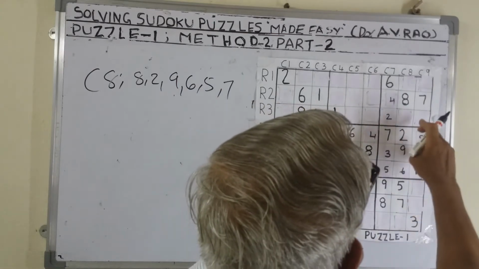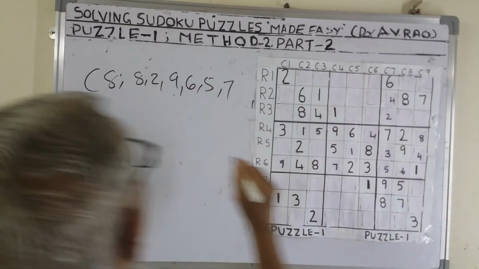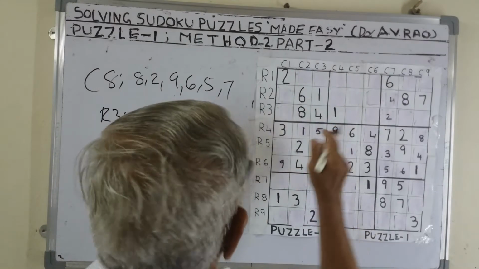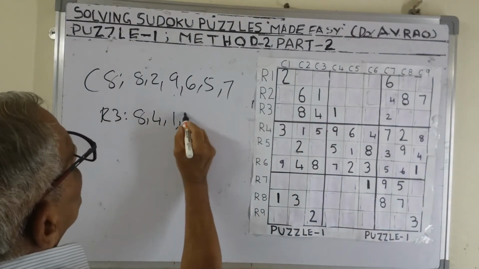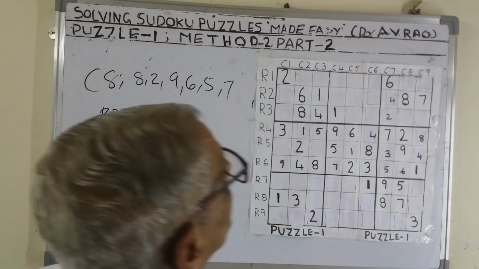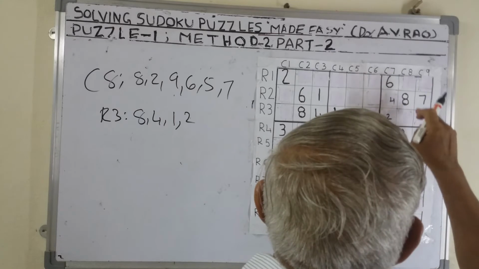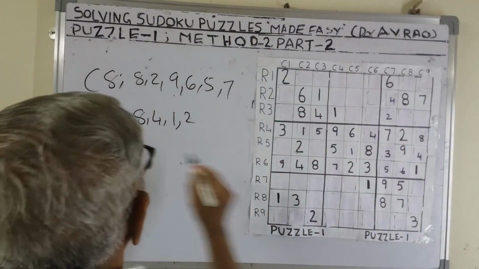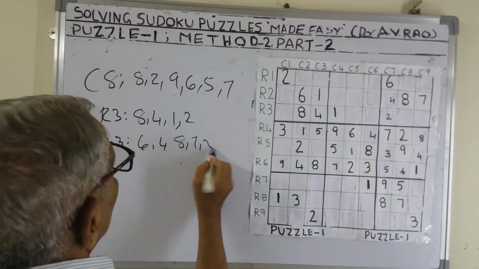Now let us come to this row R3. What are all the numbers present? 8, 4, 1 and 2. Row R3. Column C8. Box B3. What are all the numbers? 6, 4, 8, 7 and 2.